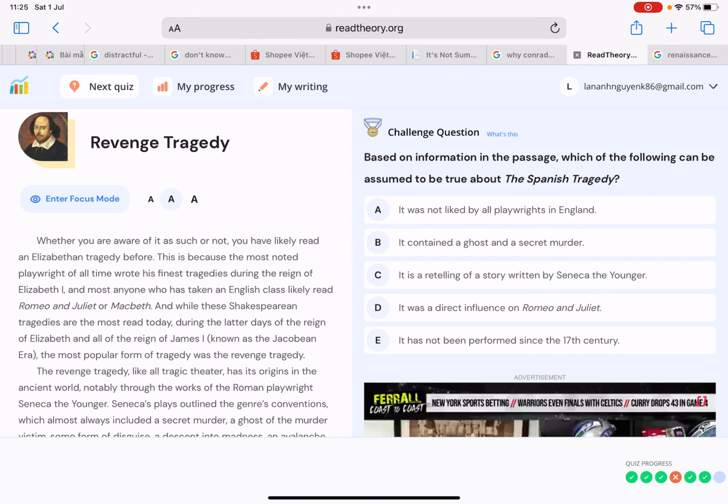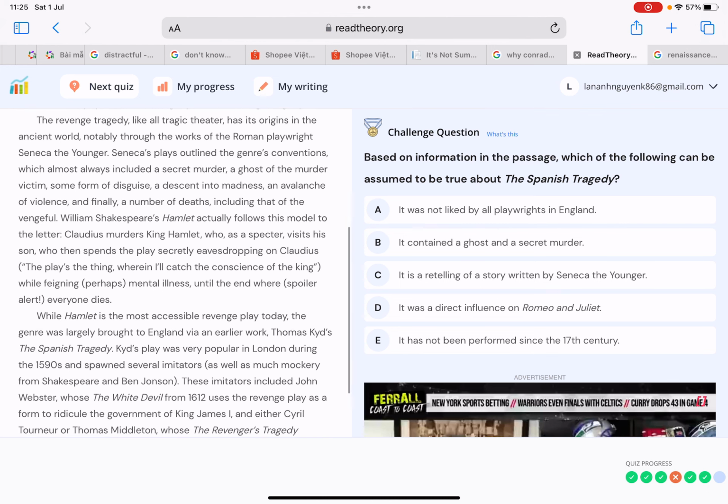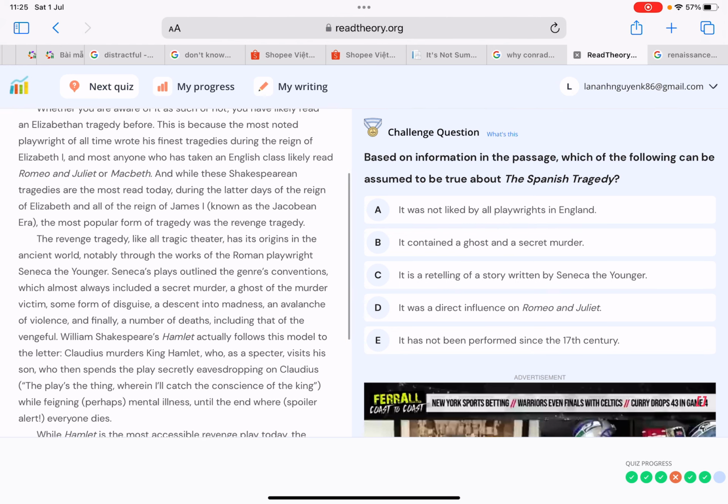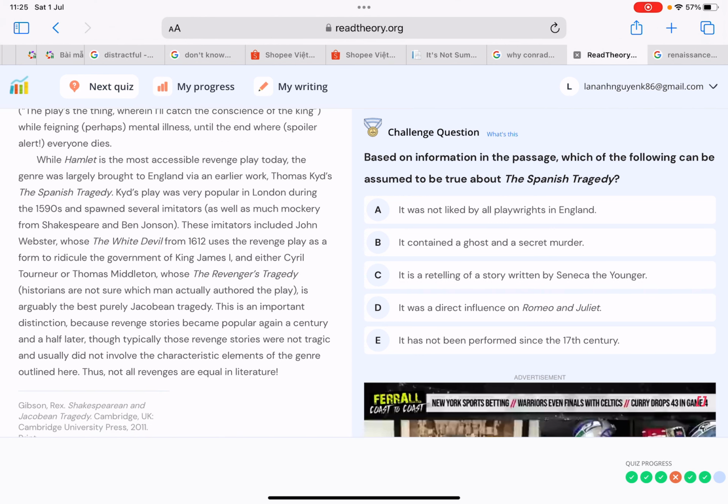Based on the information in the passage, which of the following can be assumed to be true about The Spanish Tragedy? So we have to pay close attention to this play, The Spanish Tragedy. Let me find that detail. Which paragraph mentioned this? Here, Thomas Kyd, The Spanish Tragedy. Kyd's play was very popular in London during the 1590s and spawned several imitators, as well as much mockery from Shakespeare and Ben Jonson.